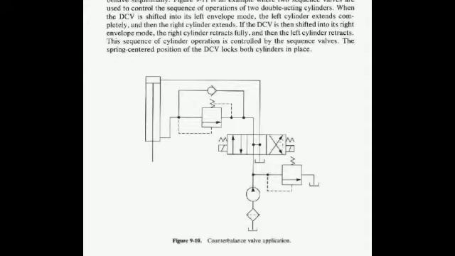The fluid will flow from the pump port to the B port so that the flow can reach the blind end side of the cylinder, and simultaneously the fluid on the rod end side of the cylinder will be circulated through this hose as well as via this line. But as it is a check valve, there will not be a flow further.